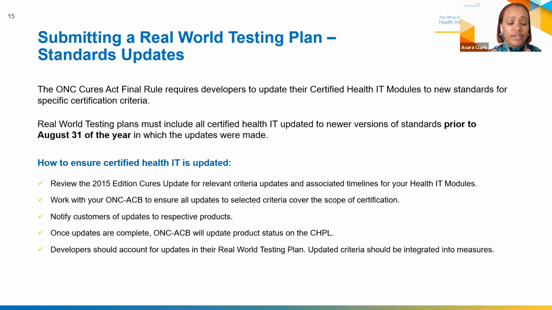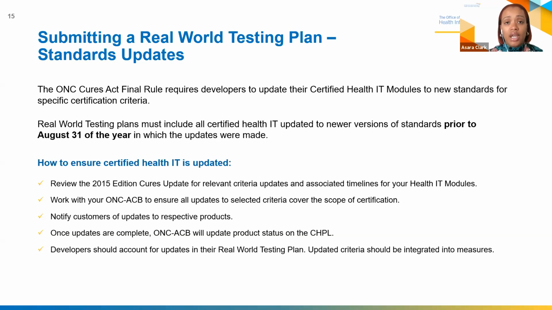I have a slide here for your reference in this slide deck as well that gives you those timelines and deadlines for the specific criteria and standards. Work with your ONC ACB to ensure all updates to selected criteria cover the full scope of your certification so that there's nothing being left out, and notify your customers of updates to respective products. Once updates are complete, your ONC ACB will update the product status on CHPL.